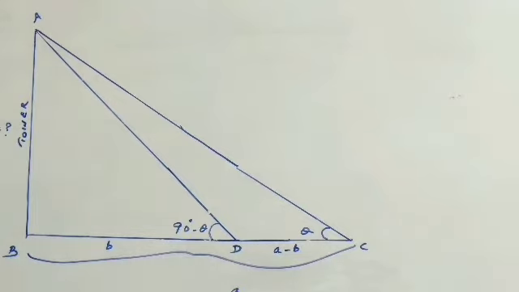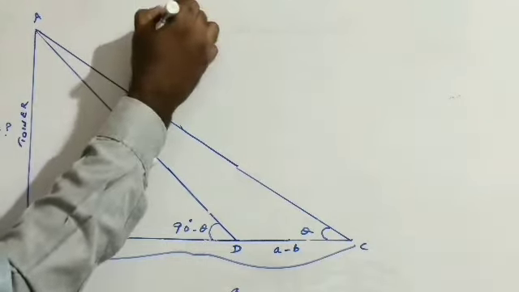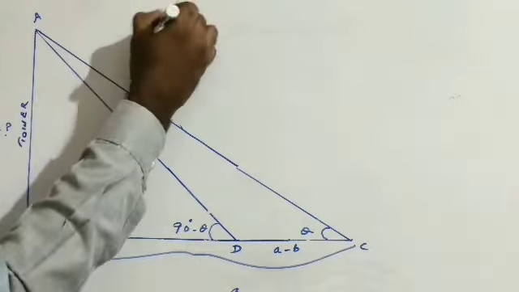Now we can take the triangle ABD or ADB. Consider triangle ADB, we need the opposite side given the adjacent side. So opposite side and adjacent side are related to tan theta.